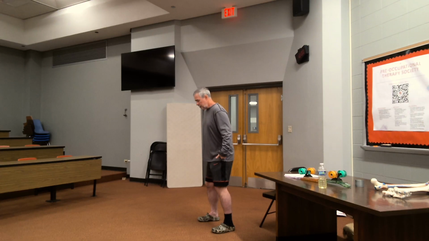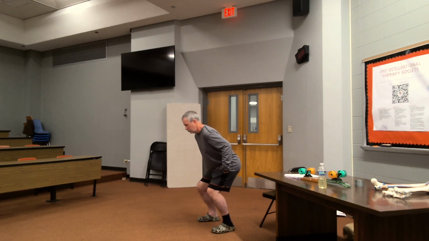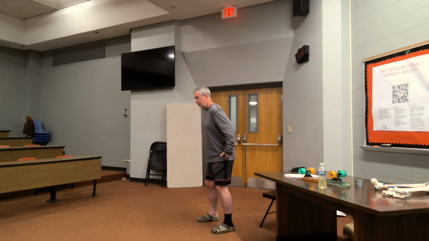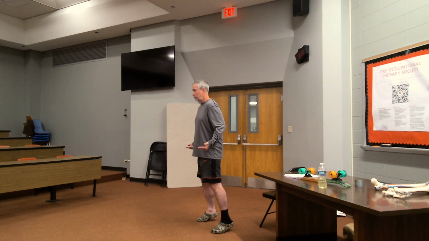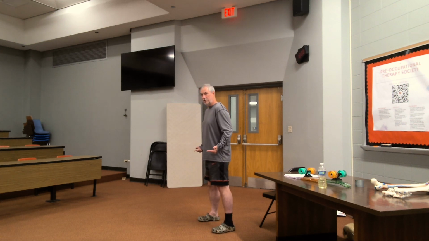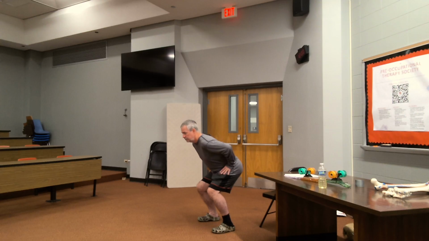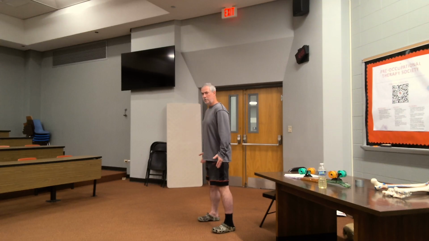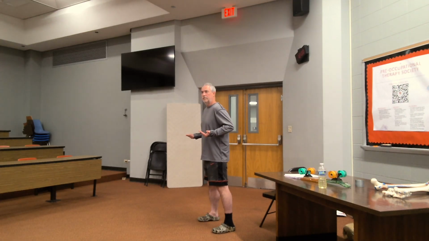anatomical, this would be bilateral ankle joint dorsiflexion from, bilateral ankle joint plantar flexion to, and then if I continue, I could go up on my toes and I can have plantar flexion from. Dorsiflexion to, dorsiflexion from, plantar flexion to, plantar flexion from.